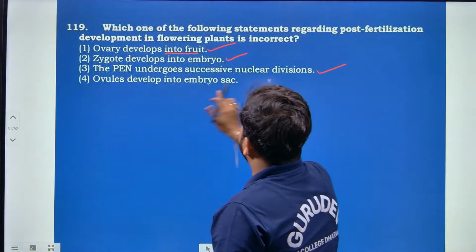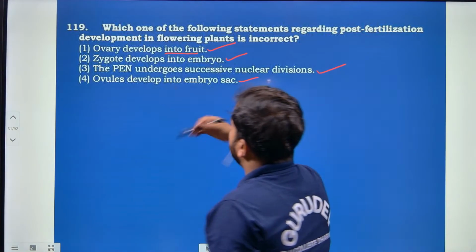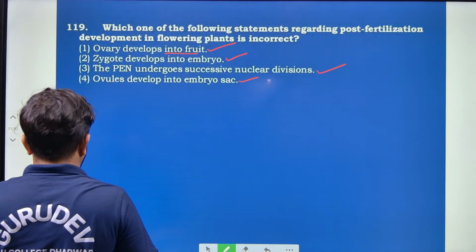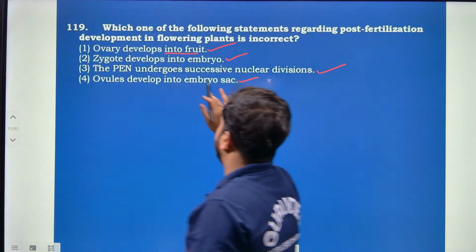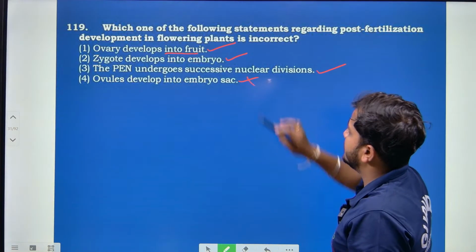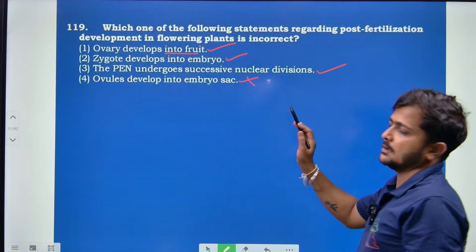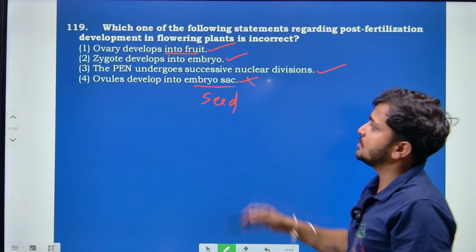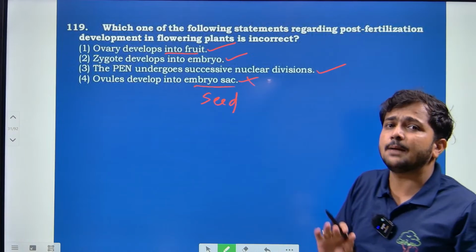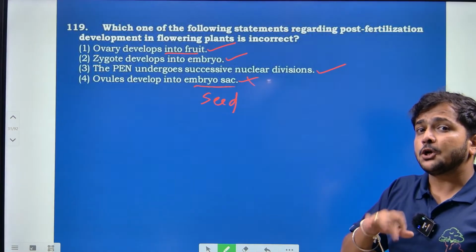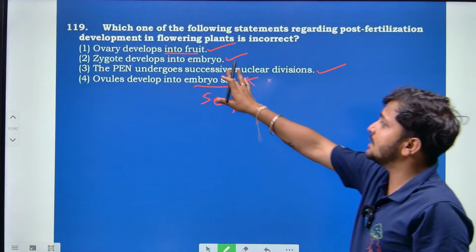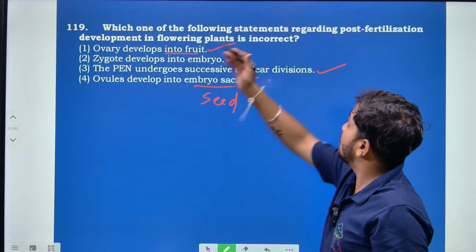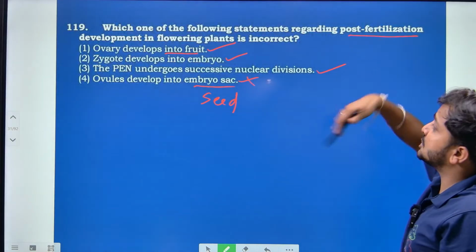Then, ovules develop into embryo sac: no. The ovules actually develop into the seed, not into the embryo sac. So this statement is wrong. But the inside part of the ovule, the nucellus, can develop the embryo sac, not the ovule itself. Later, they are asking about the post fertilization event.